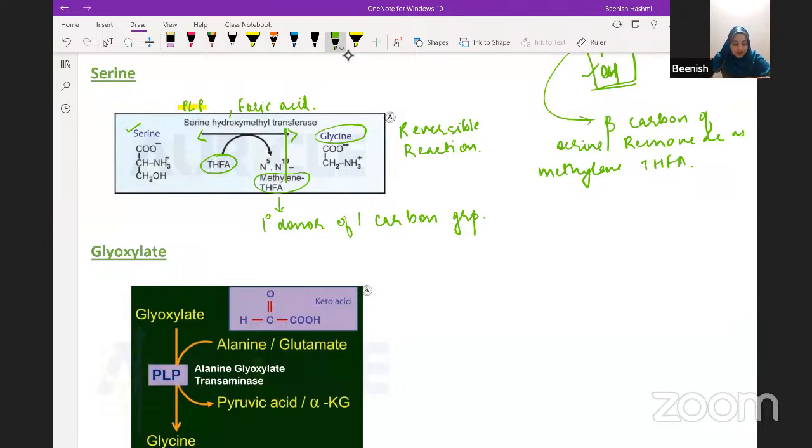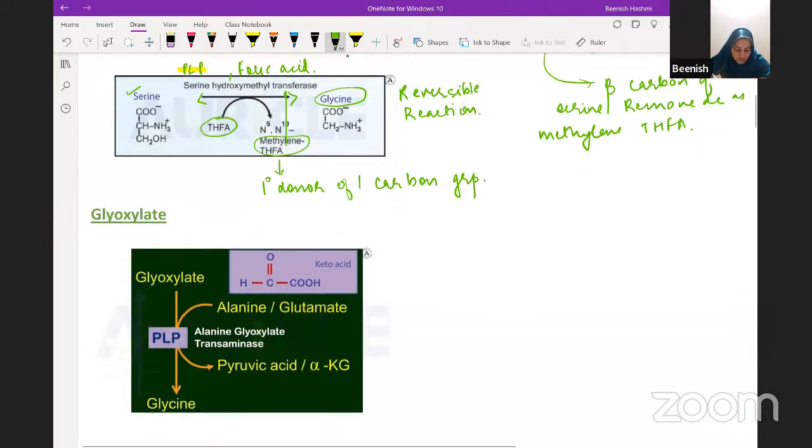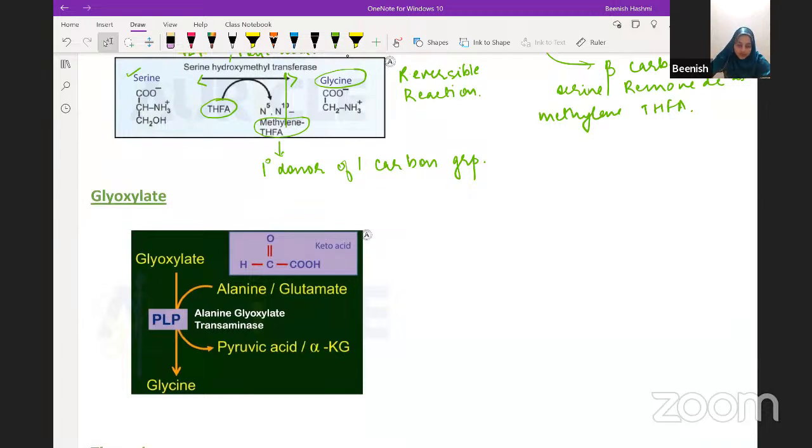Now, moving on to synthesis of glycine from glyoxylate, which is the keto acid of glycine. Obviously, from the keto acid, the amino acid is formed. So this will take place through transamination. What is required? Another pair of keto acid and amino acid. It can either be alanine or glutamate, and it is acted upon by the enzyme alanine glyoxylate transaminase in case of alanine.